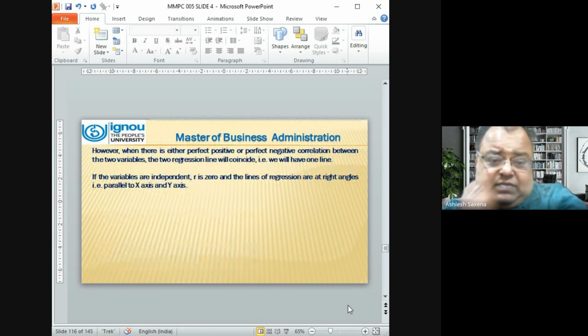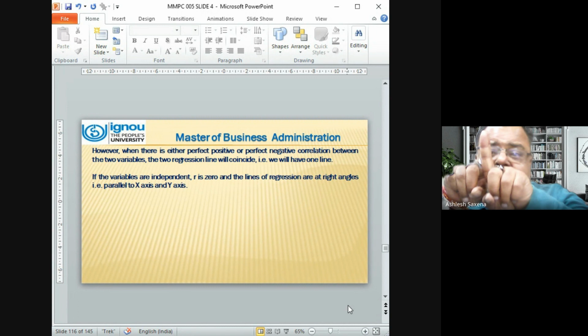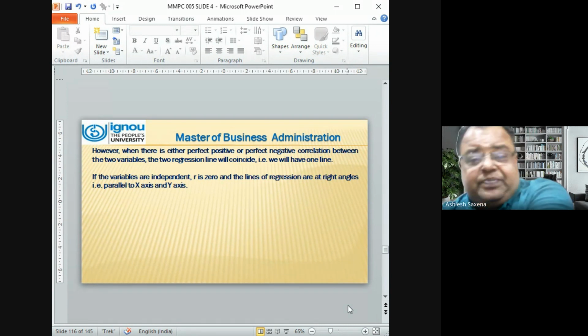However, when there is either perfect positive or perfect negative correlation between the two variables, the two regression lines will coincide and we will have one line. That means these two lines will be one over the other. If the variables are independent, r is 0, and the lines of regression are at right angles, that is, parallel to the x and y axes.